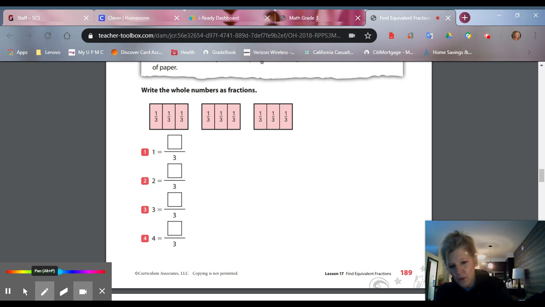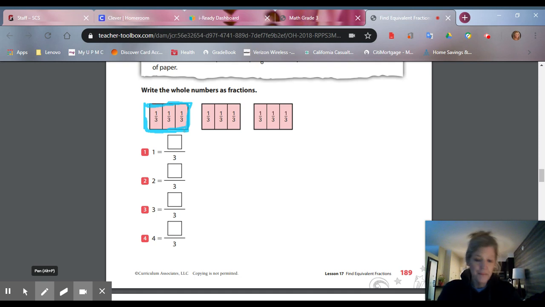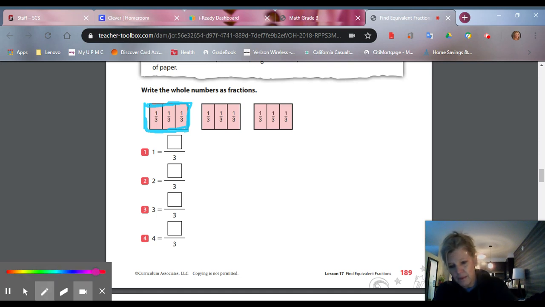Well, here's 1 whole piece of paper. Or if you want to get more creative, you can say there's 1 whole sheet of brownies. How many thirds is that? Well, count them up. 1, 2, 3. So that would be 3 thirds. So 1 whole is equal to 3 thirds.